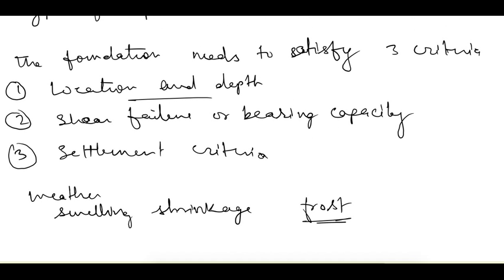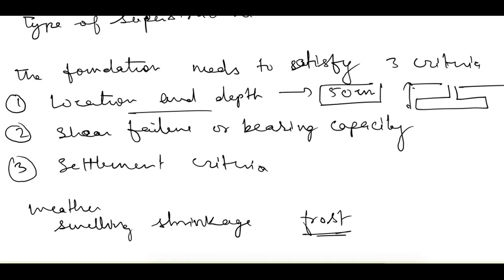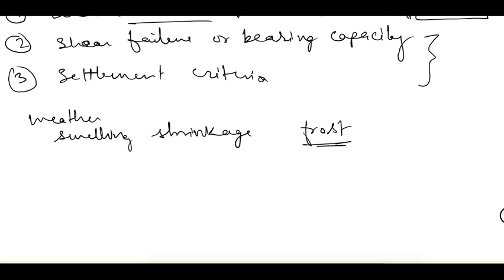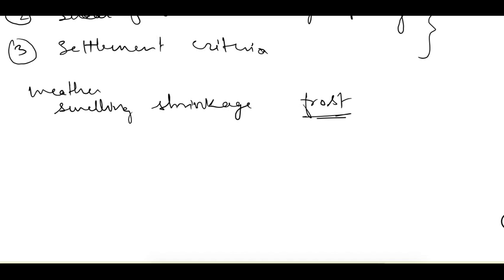So the minimum depth to which the foundation should be constructed is 50 centimeter. So this is the minimum depth. If this is the foundation, then from here this depth should be at least 50 centimeter. We are mostly interested in the remaining two parts, that is shear failure criteria and the settlement criteria. So we will see them.